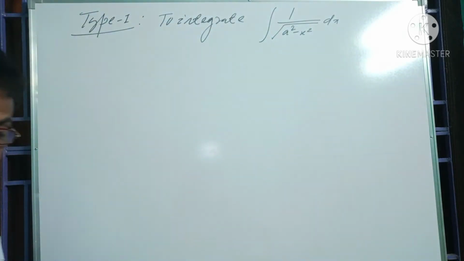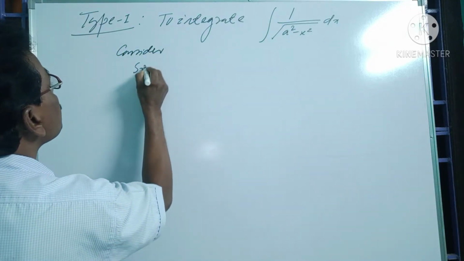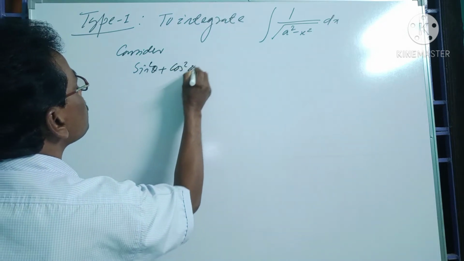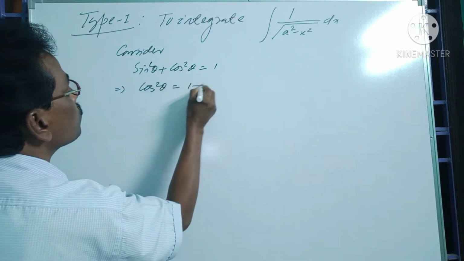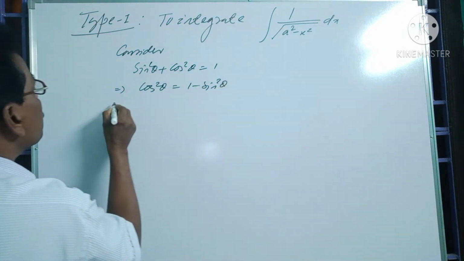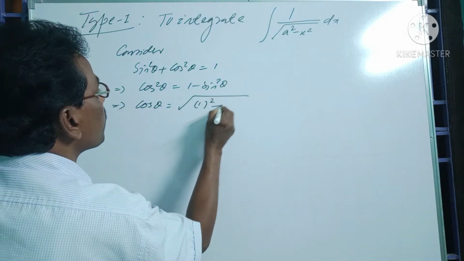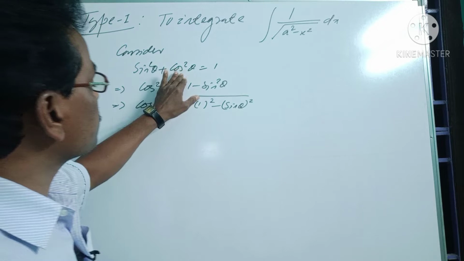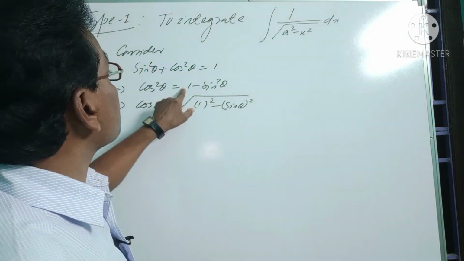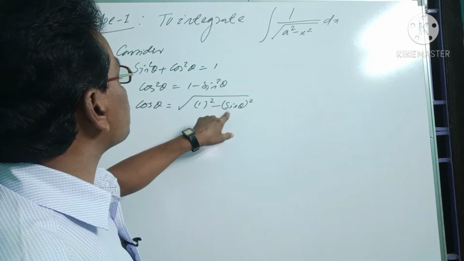So consider the trigonometric identity sin square theta plus cos square theta is equal to 1, which implies cos square theta is equal to 1 minus sin square theta, which implies cos theta is equal to root of 1 square minus sin theta whole square.